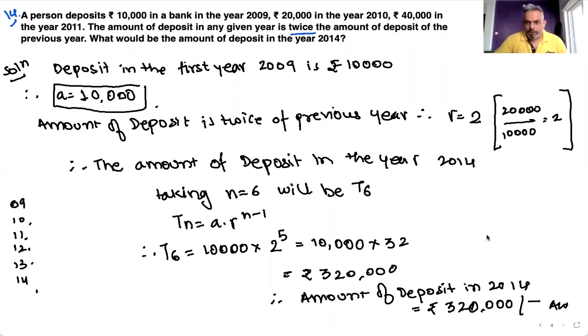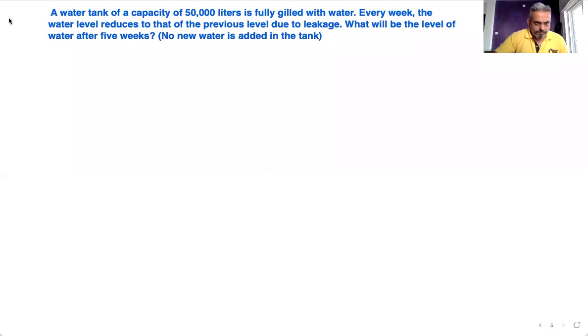Mark this sum, very important for exam. Even 15, 16, 17, they are all very important. Illustration 15, very important. Now, a water tank has a capacity of 52,000 liters, is fully filled with water.